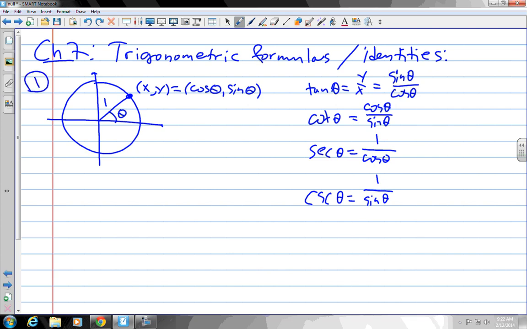So that's one. So this will allow us to sometimes manipulate our expressions to turn everything in terms of tangents or cosecants and so forth. Eventually we're going to be solving equations, and it will make solving equations easier.